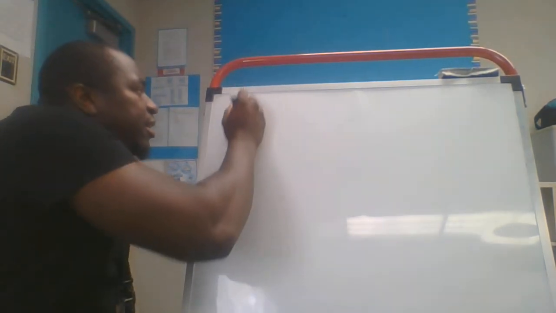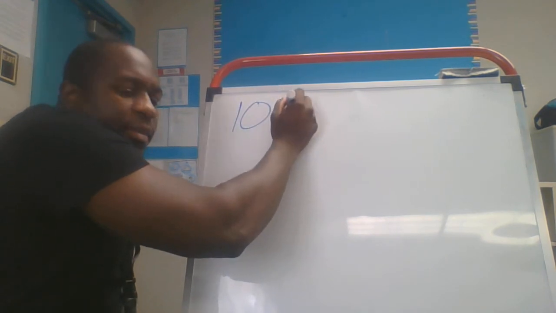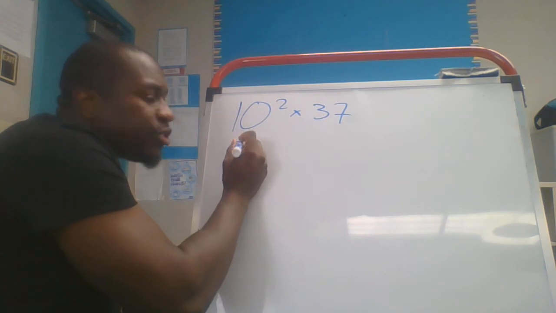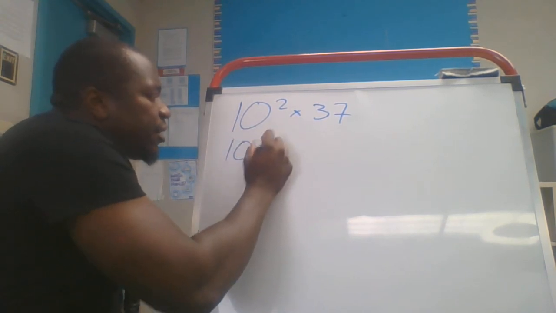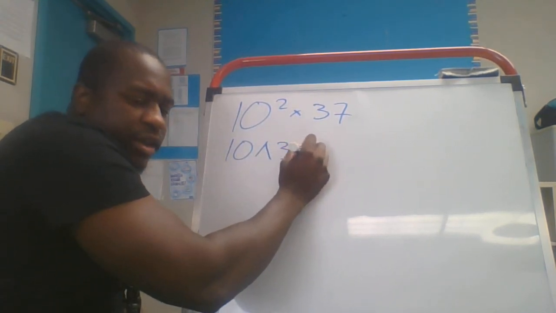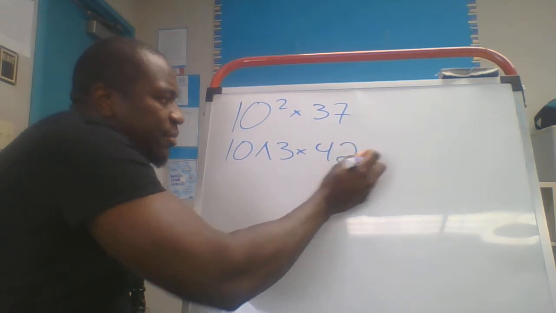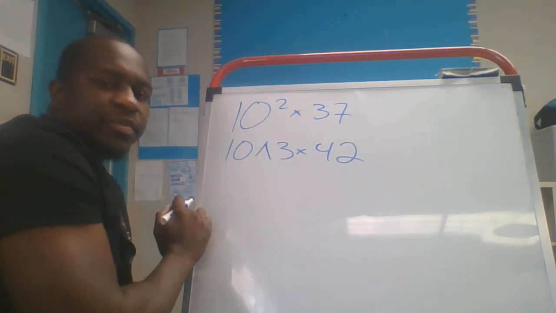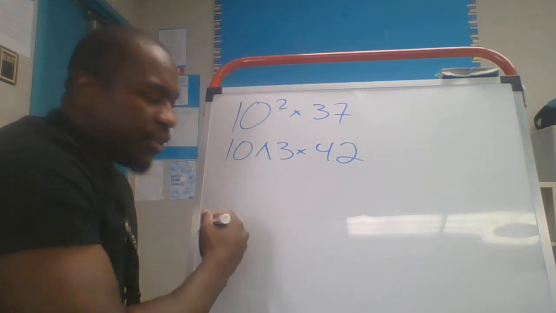So come on in. So your first problem is going to be 10 to the second power times 37. Your second question is 10, I'm going to write this with a caret symbol, to the third power times 42. Still the exact same thing. This caret symbol means to the power of, risen to the power of 3. Just writing it so you can get used to seeing it visually.